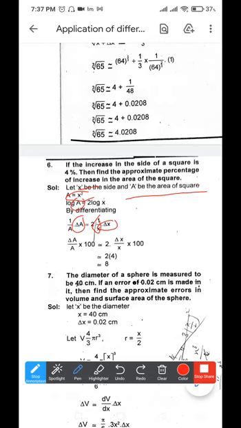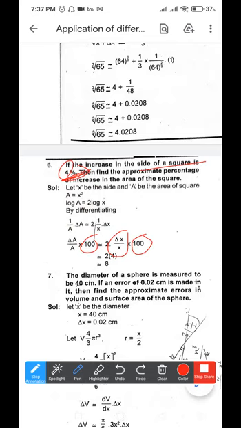What are the values? First of all, we are multiplying on both sides by 100 because we need to find the percentage. Now, what was the increase in side of the square? The side was increased by 4%.